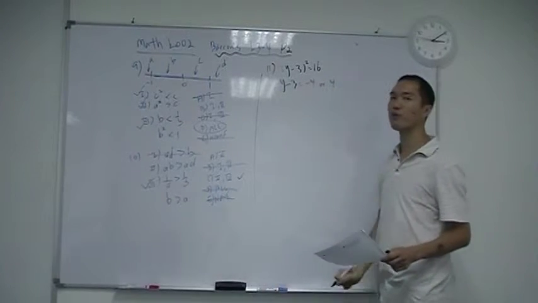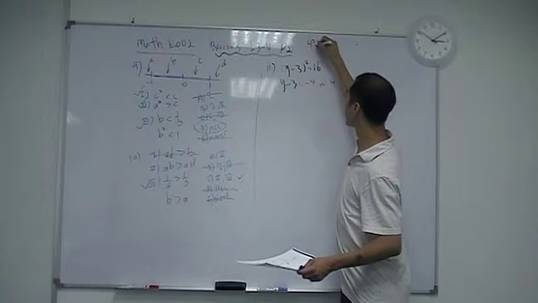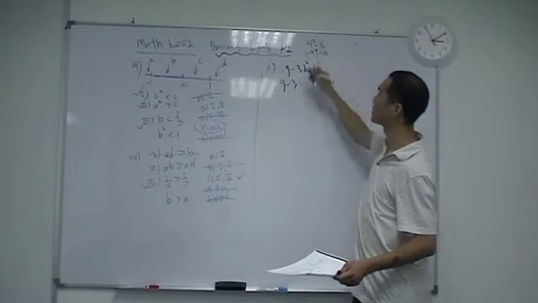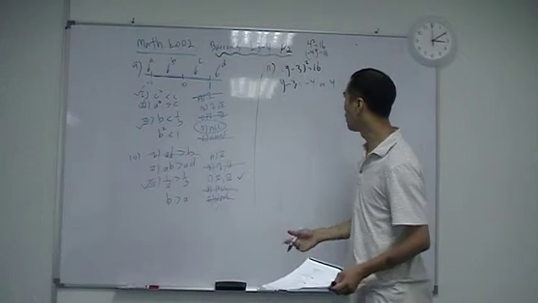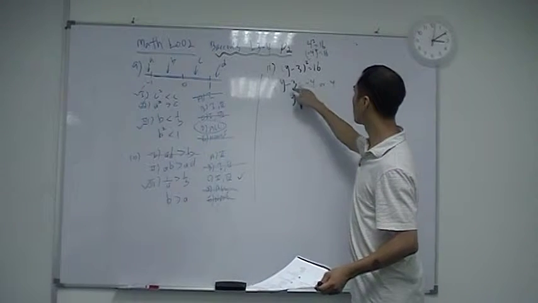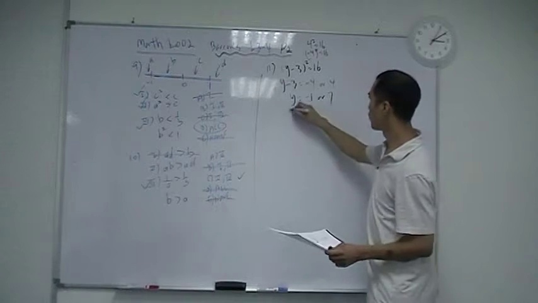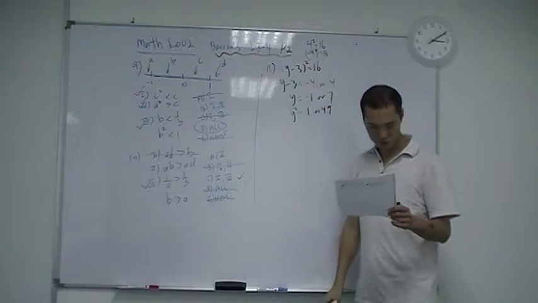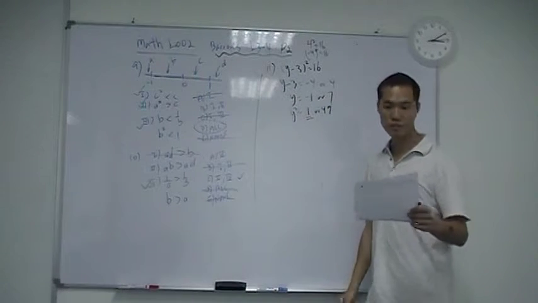When you do the square root of both sides, the other side must be plus or minus. 4 squared equals 16, and negative 4 in parentheses squared is also 16. So y equals negative 4 plus 3, which is negative 1, or 4 plus 3, which is 7. So y squared can be 1 or 49. Smallest possible is 1. Right?